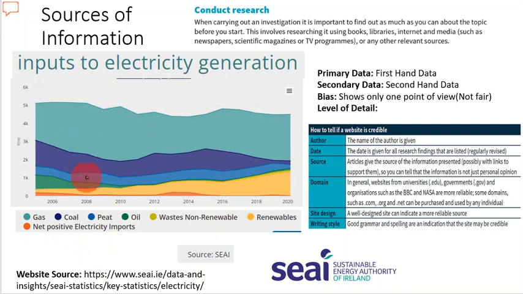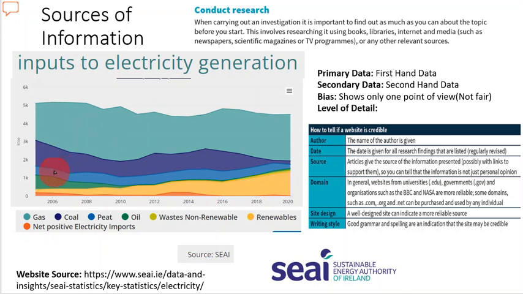It's in kilotons of energy that's been produced. If we look at it, natural gas is the biggest source of electricity generation in Ireland. Okay, so natural gas is burned to heat water, turn a turbine and generate electricity.